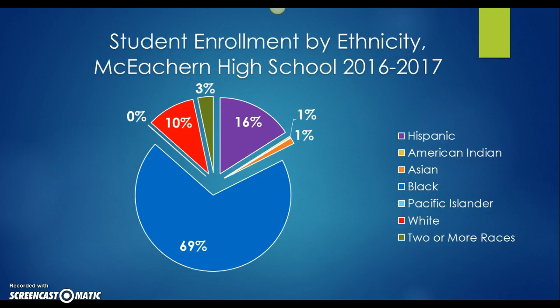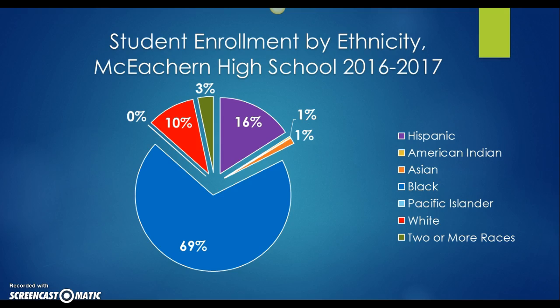The ethnicity at McEachern High School, just in 2016 and 2017: as you can see, 69% of the school is black. 10% of the school are white. Then we have 3% who are 2 or more races. We also have a high Hispanic percentage of 16%.